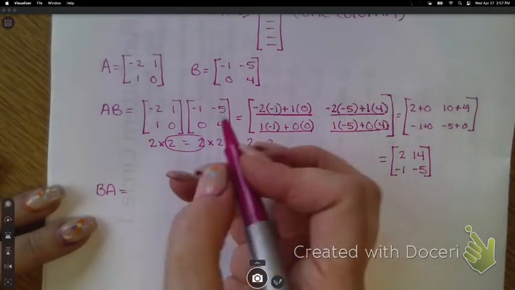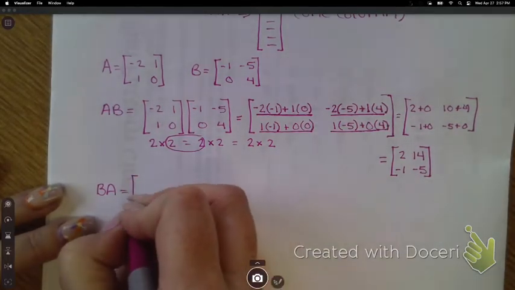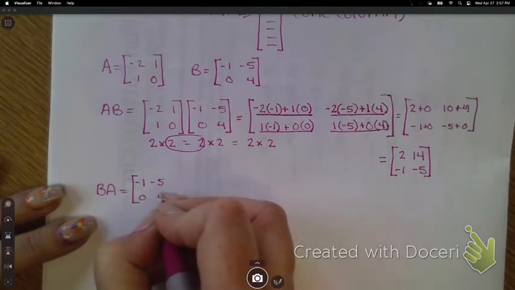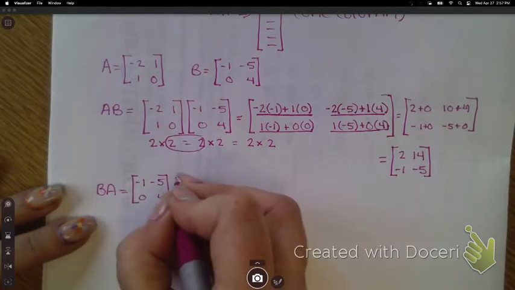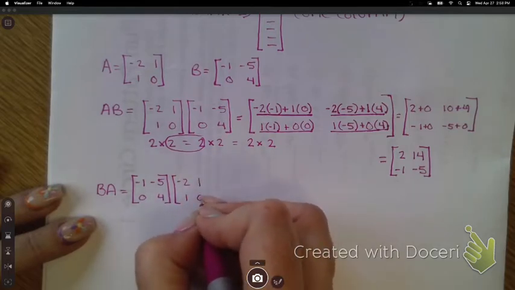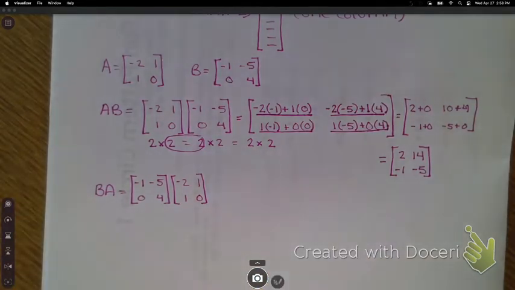I would rewrite them because it's very hard to do this backwards. So I have negative 1, negative 5, 0, 4, times negative 2, 1, 1, 0. Make sure you've written the right numbers before you start multiplying, because if you don't, are you going to get the right answer? No. You guys want to try this one on your own?